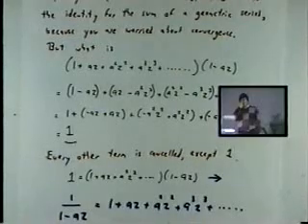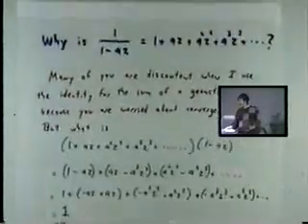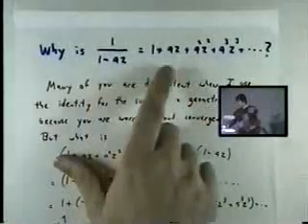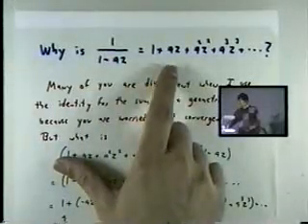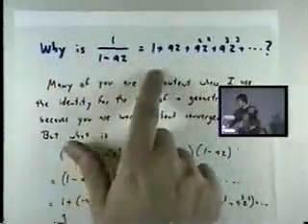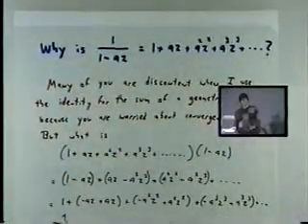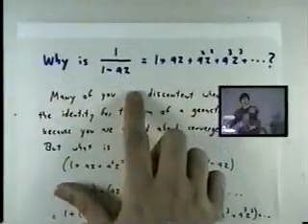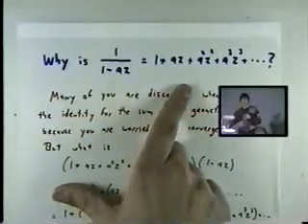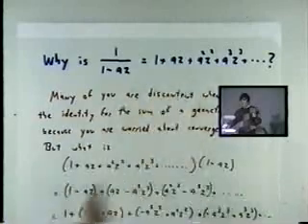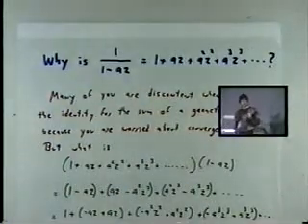So maybe if you look at it this way, why is this thing equal to that? Well, it's certainly equal to that if you multiply both sides by that. Is this convincing? How many people now find this convincing, that this equals that? Again, it still looks mysterious, but it should be convincing.